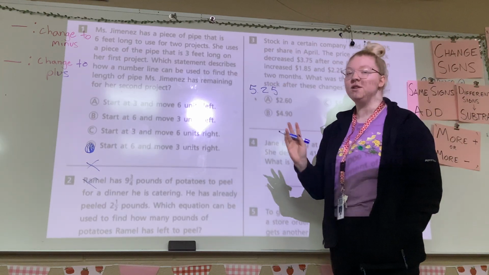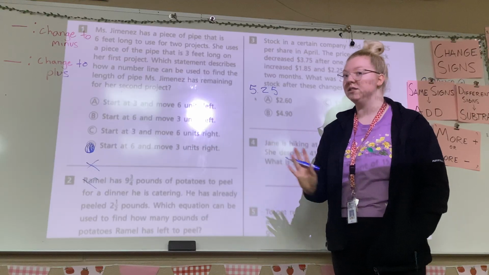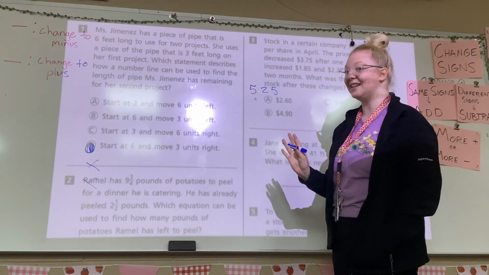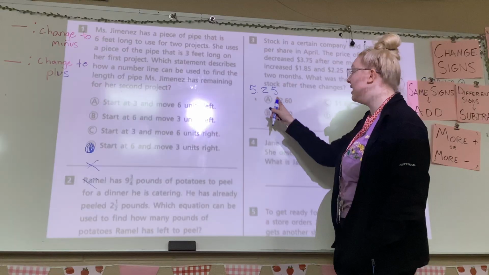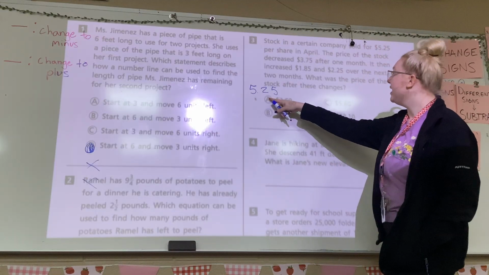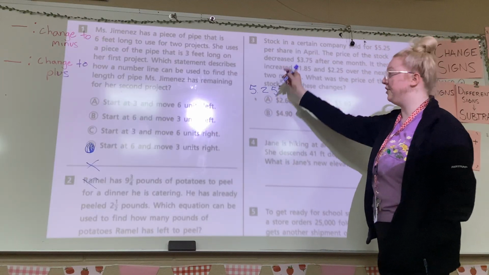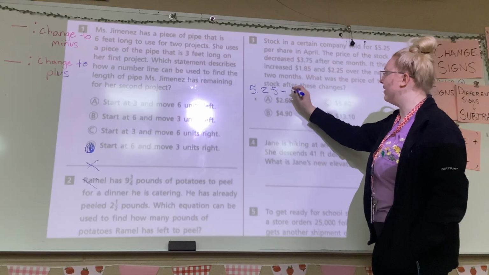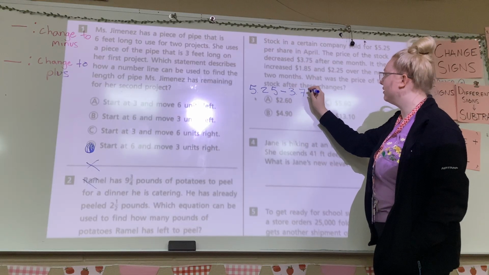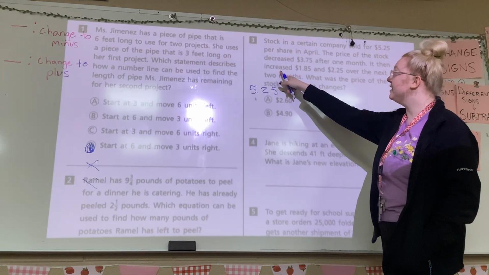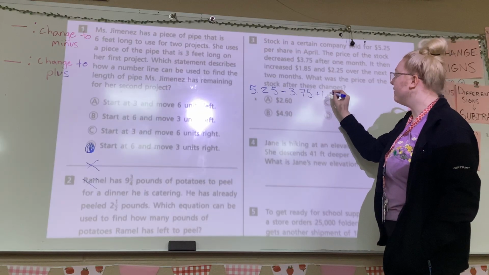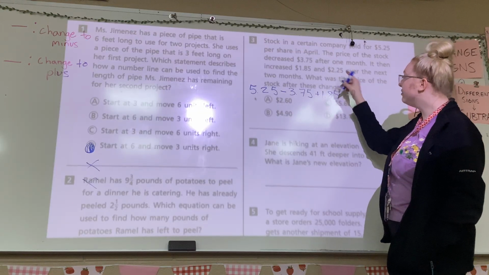Even if we don't understand stock and buying and selling stock and things like that, that's okay. We can still solve this. We start at $5.25. The price of it decreased. We know that decrease means minus $3.75. Then it increased, which is add, $1.85 and $2.25.